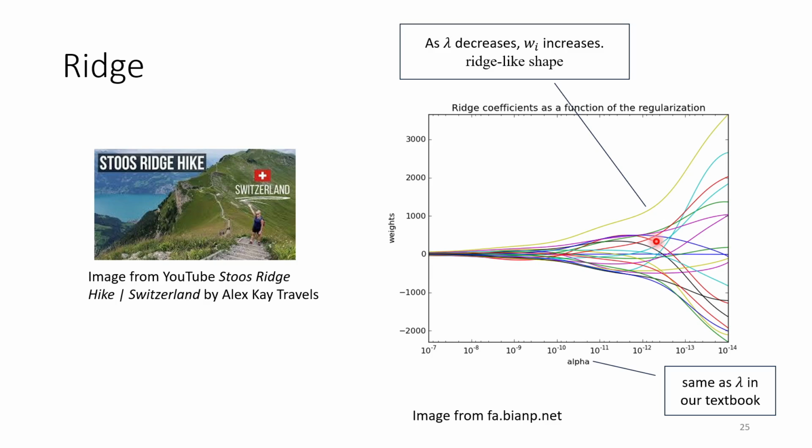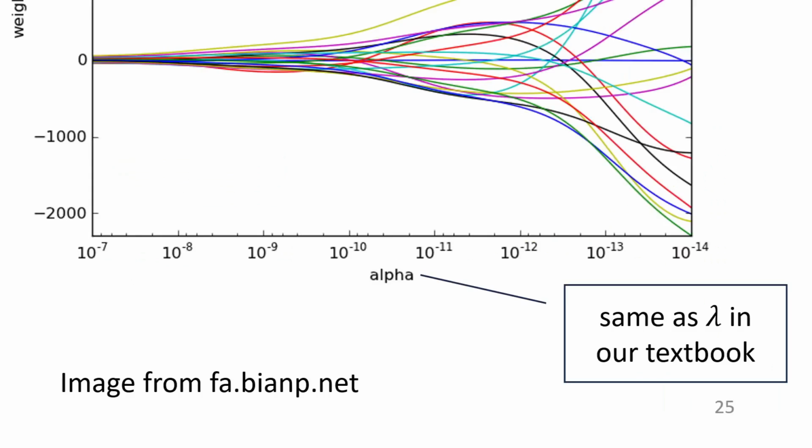Please note, this is 10 to the negative 14, and this is 10 to the negative 7. So this is a relatively larger number, and this is a relatively smaller number, right?